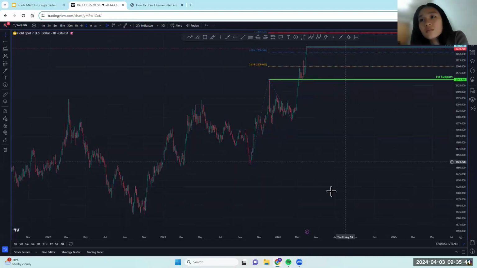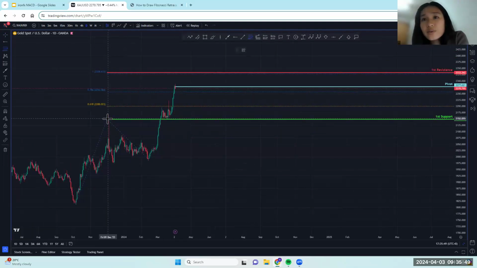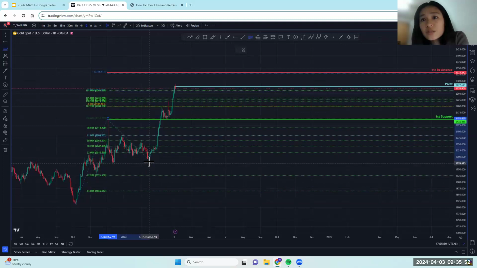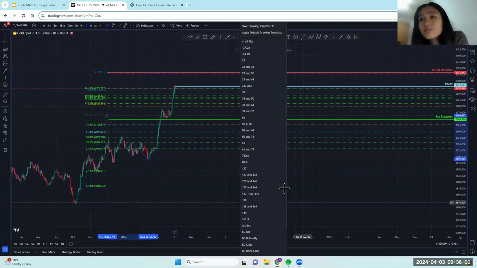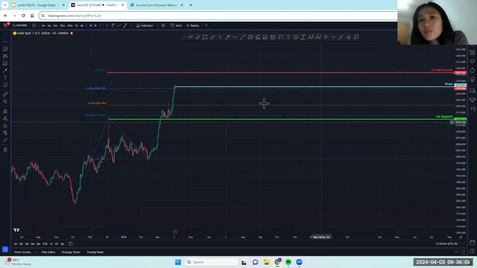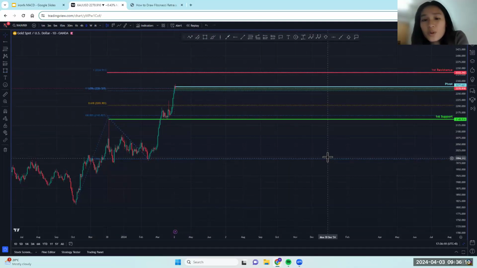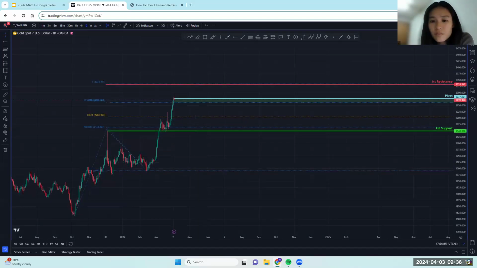Okay, earlier I wanted to use this extension as well. You can see the 161.8 lines up with my pivot as well. Okay, so over here I have this support level in line with the Fibonacci. I think I have another projection here.